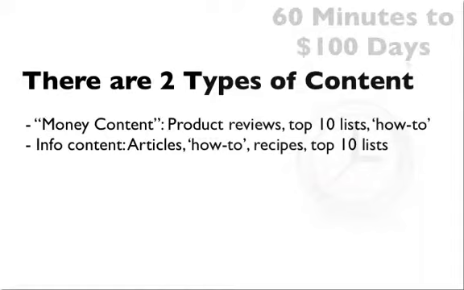So, for example, if you put together a big article titled how to do Dutch oven cooking while you're camping, to fulfill the promise of that title, it would be a big article with a lot of really good information. At the same time, a Dutch oven is a decently priced product to promote as an affiliate link to Amazon.